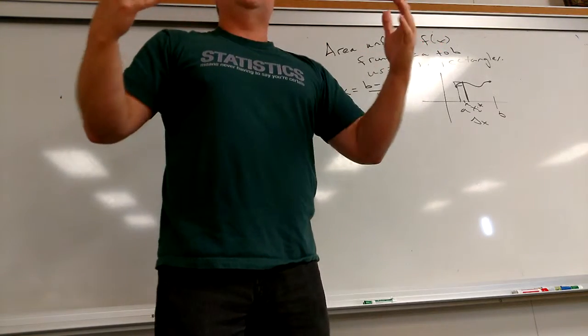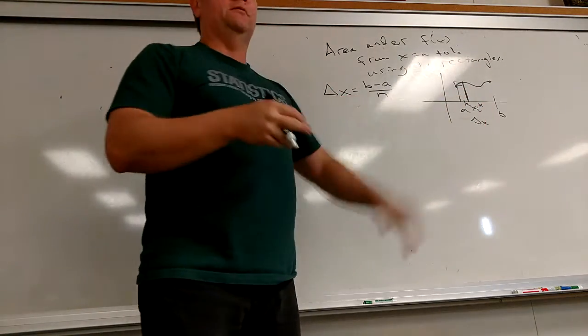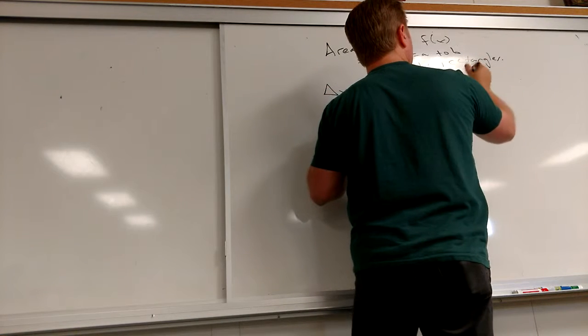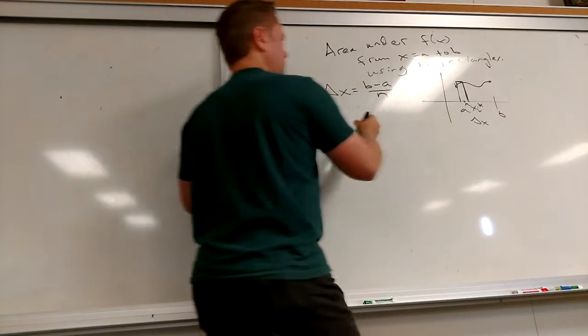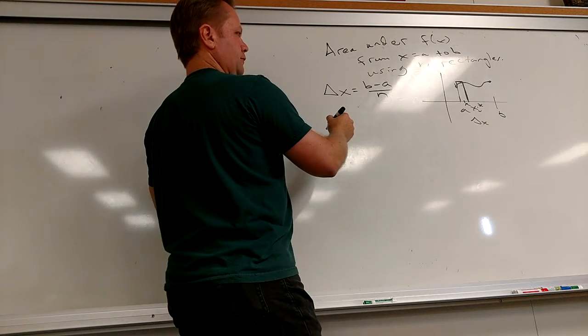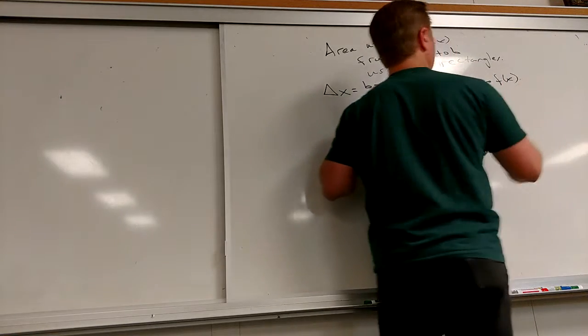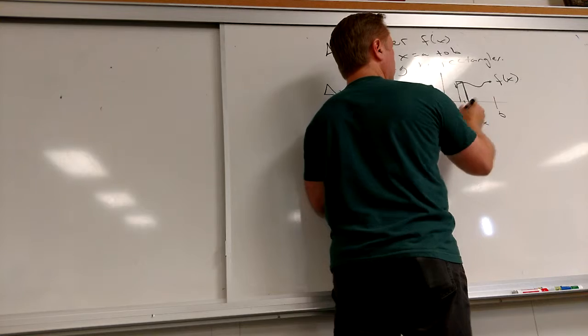And again, just to make the math a little bit easier to look at, I always use right endpoints. So if I use right endpoints, what is the area of this first rectangle? It's my f of x. What would this right here be? Let me get you guys started.